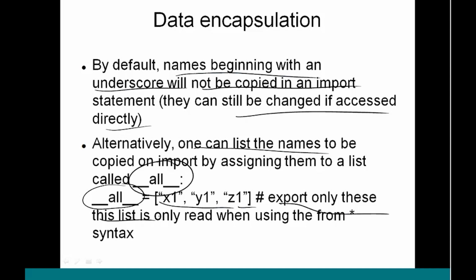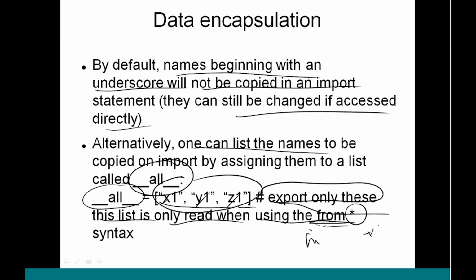This list is read only when we use the from star syntax, the from import syntax that we saw. When you use from and then star, it only imports these three, even though the module may have many others.